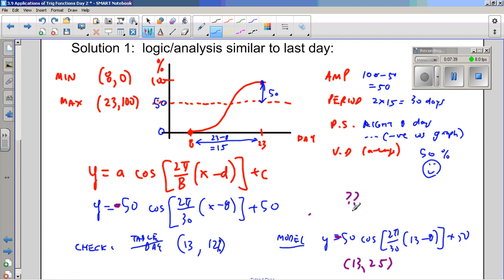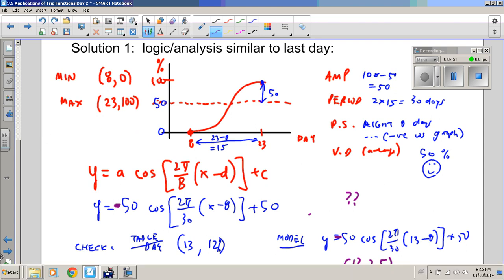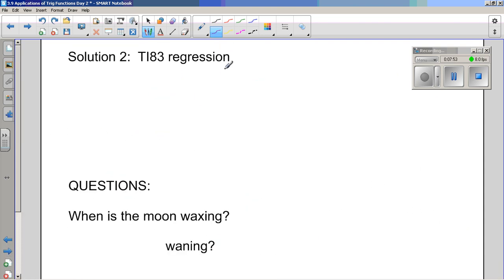And in fact, that's going to be our second method, to try and get a more accurate model. And that's the second solution, using the TI-83.